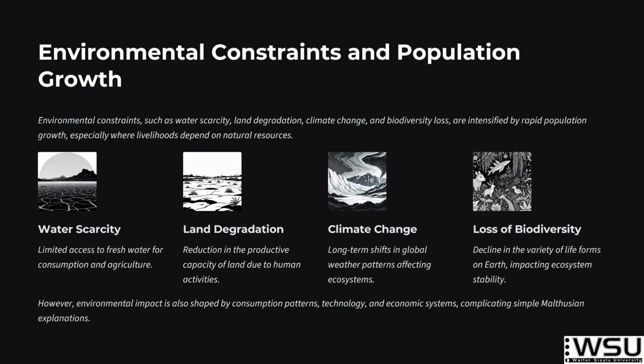Okay, so you have issues of climate change, where there are long-term shifts in global weather patterns affecting the ecosystem. The question is, is it because of the growth in human beings, or is it because of companies that may be generating products that may be harming the land and causing climate change? Could it be the issue?